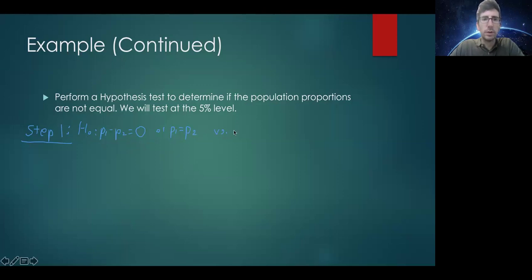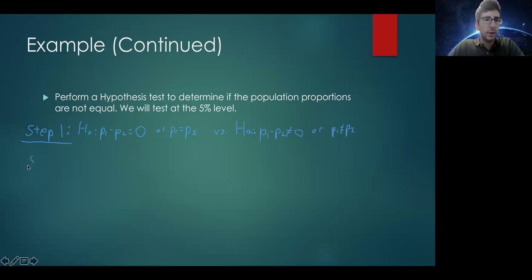You don't have to write both. I was just trying to be clear. And then our alternate hypothesis is that P1 minus P2 is not equal to 0, or just that P1 is not equal to P2.